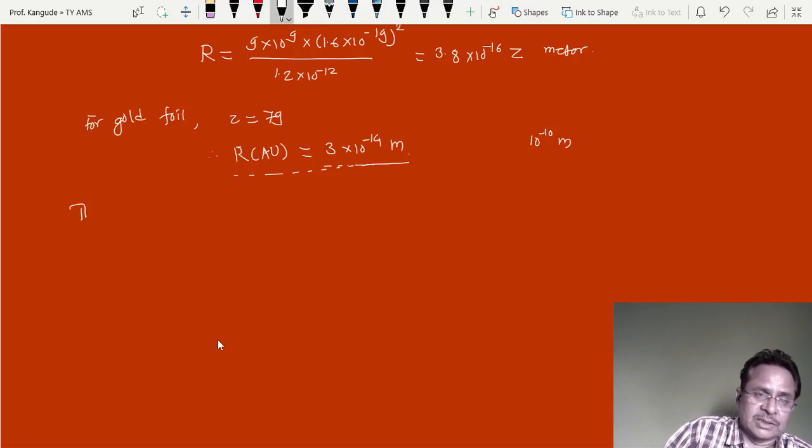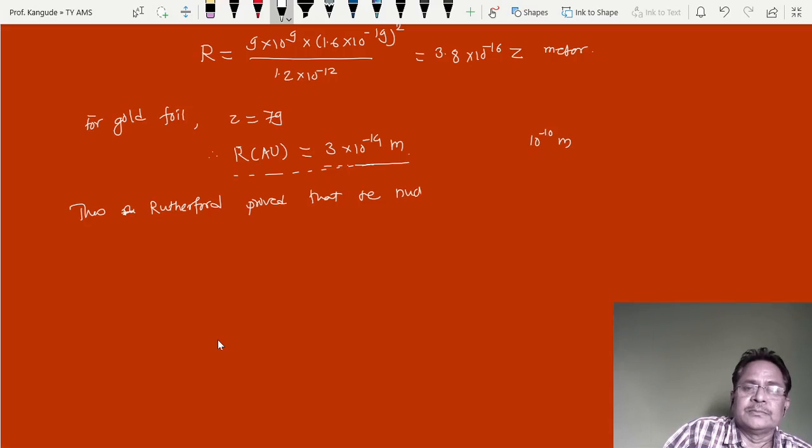Okay, thus Rutherford proved or showed that the nuclear radius is 10 raised to 4 times smaller than the atomic radius.